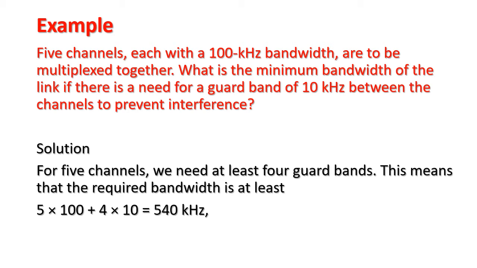It's because 100 kHz are required for one channel plus 4 guard bands times 10 kHz equals 540 kHz. So 540 kHz is the total minimum bandwidth for the entire system.